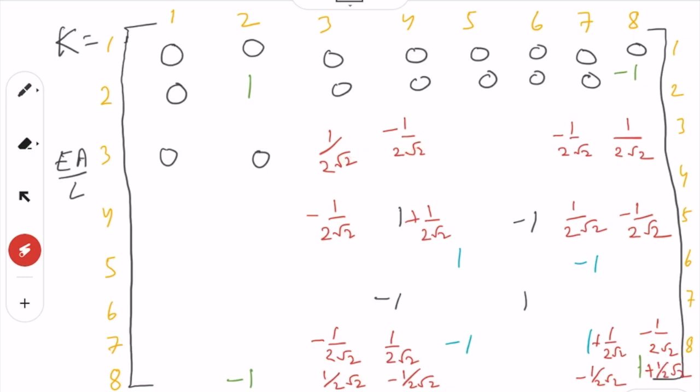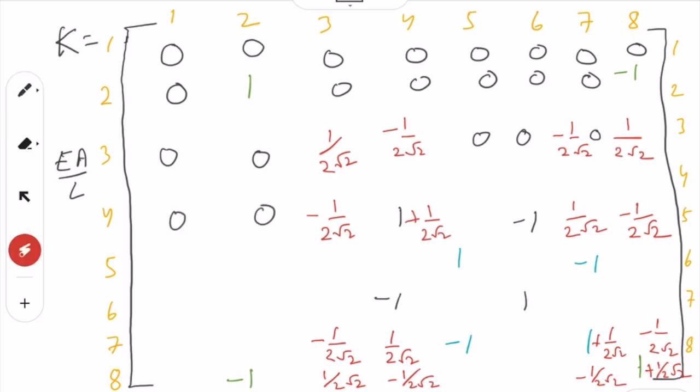Then we have 0, 0 here. 5, 6 will be 0. So 0, 0, and we will have a 0 here. Okay.